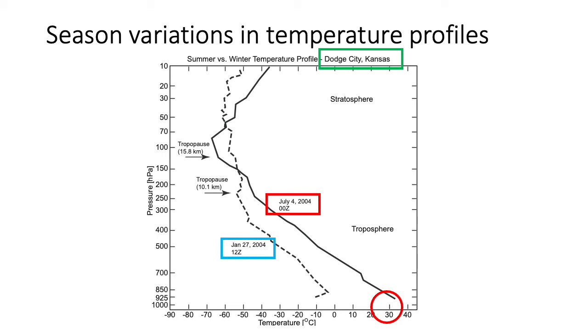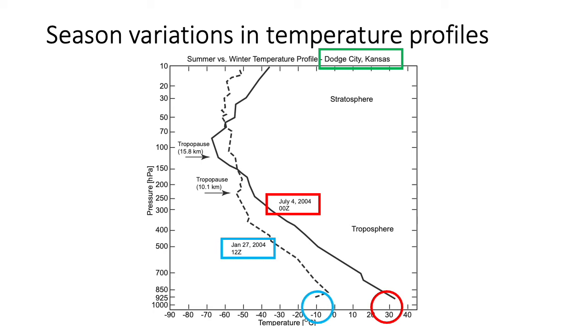And we also have a sounding from January 27th in the same year, and this is a morning sounding, so 12Z or about 7 a.m. Central Daylight Time, with a morning temperature of about minus 10 degrees Celsius. So that's 10 degrees Celsius below freezing, or 18 degrees below freezing on the Fahrenheit scale, and 18 degrees below 32 is plus 14 Fahrenheit.